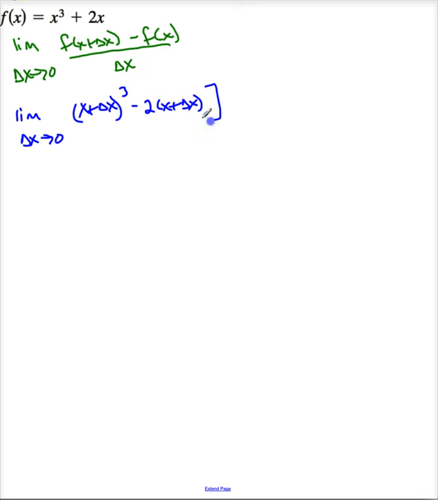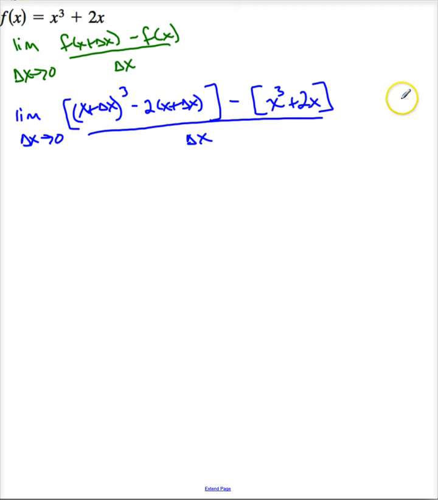Now for sanity's sake, I'm going to put brackets here, minus f of x. So this is the second part, x cubed plus 2x all over delta x. So this is step 2. That was step 1.